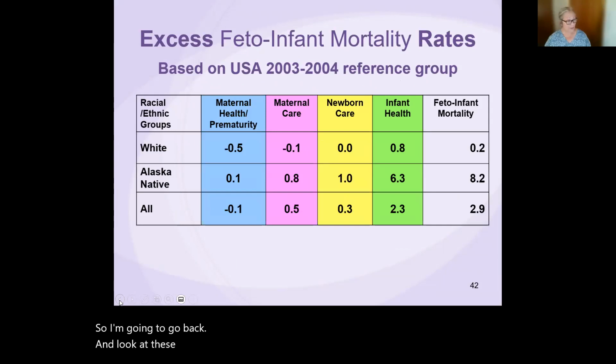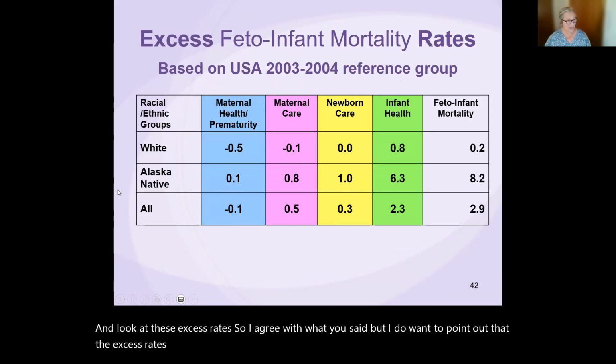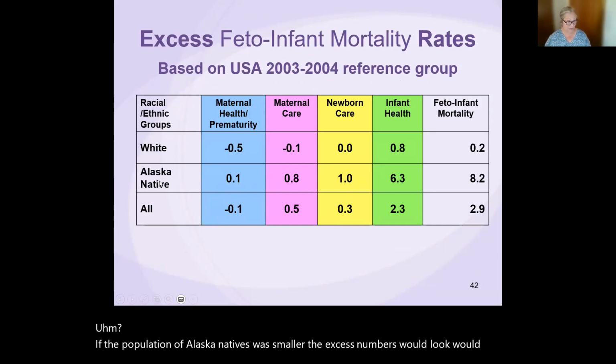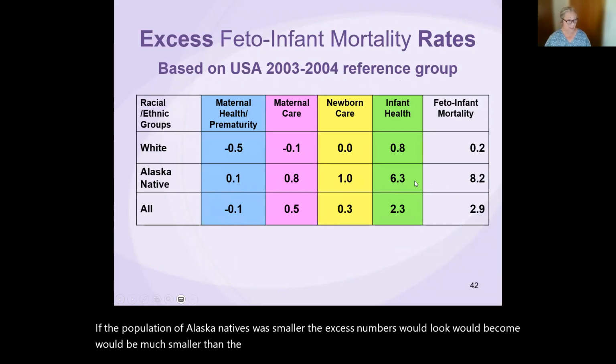So I agree with what you've said, but I do want to point out that the excess rates sometimes, if the population of Alaska Natives was smaller, the excess numbers would be much smaller than the excess numbers for whites, but the rates would still be higher.